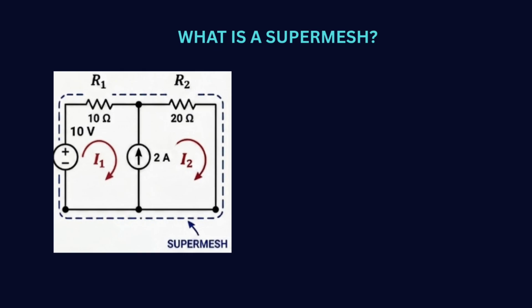Now, we apply KVL around the outer boundary, avoiding the current source. Finally, we use the current source to write one additional equation, I2 minus I1 equal to 2. Whether it is I2 minus I1 or I1 minus I2 depends upon the direction of the current source. Because it is similar to the direction of I2, we have chosen I2 minus I1. That's all a supermesh is.